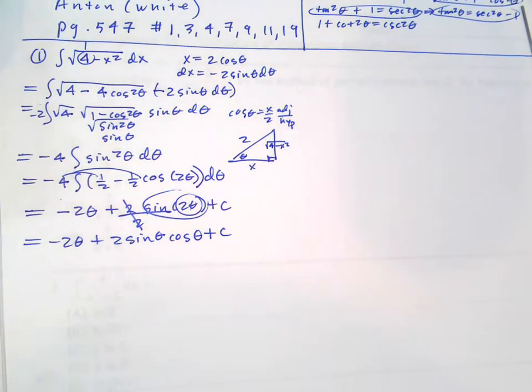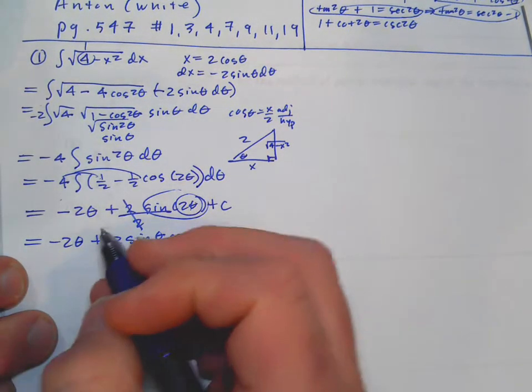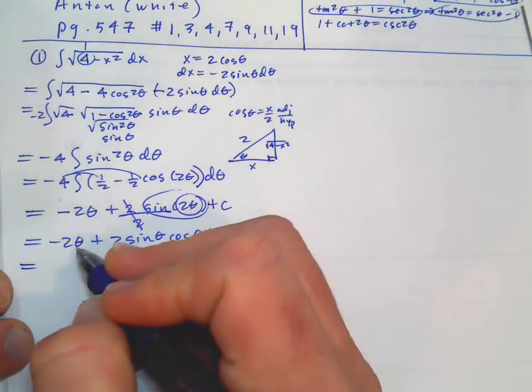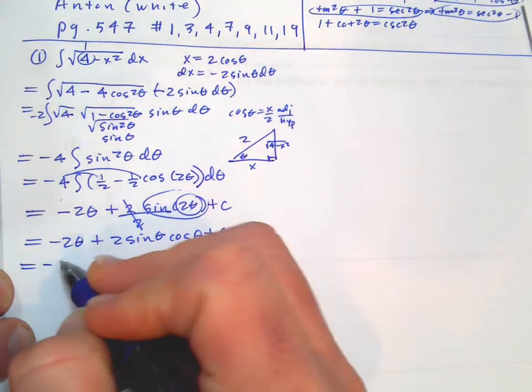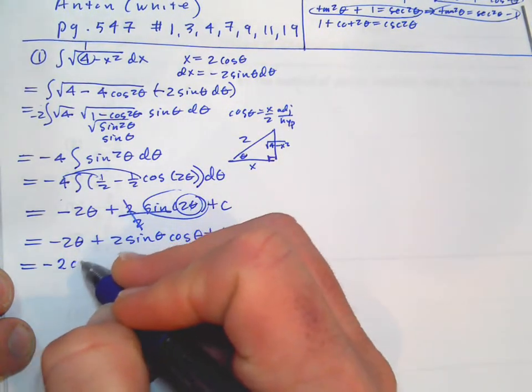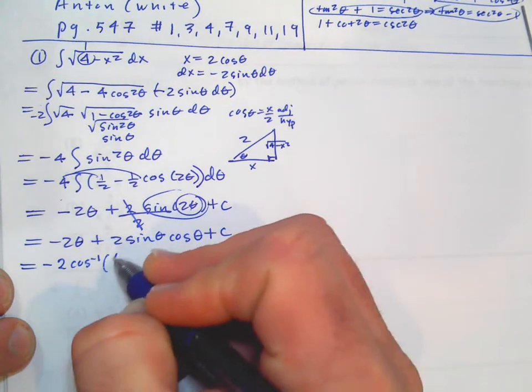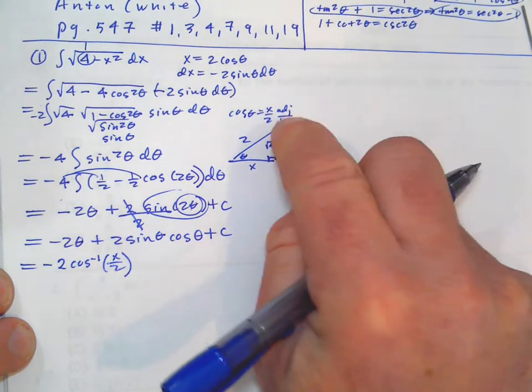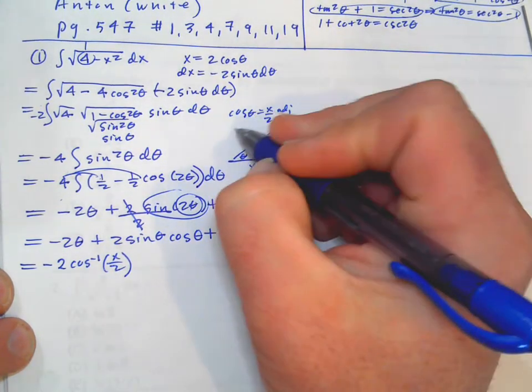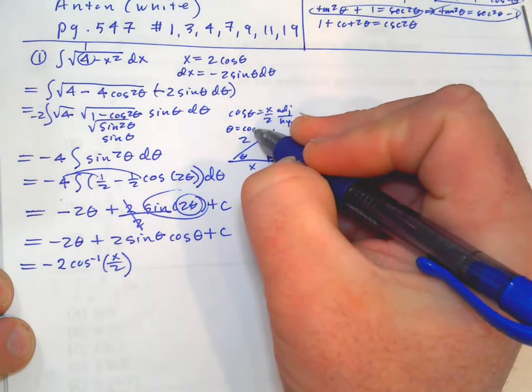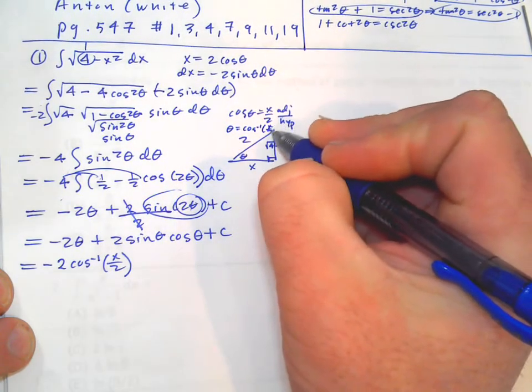So you have to do that first. And then theta itself is going to be inverse cosine of x over 2, right? Theta equals inverse cosine of x over 2.